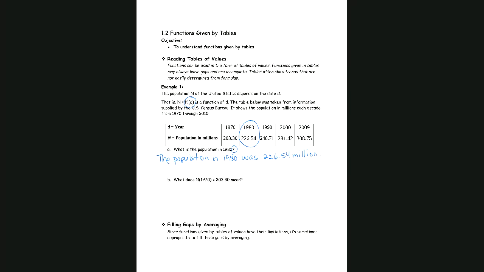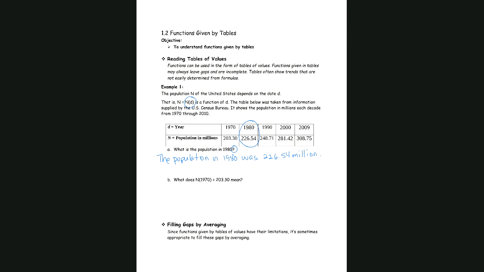What does N of 1970 equals 203.3 mean? In this course, you also have to say what things mean. N represents the population, 1970 is the year, and 203.3 means 203.3 million.